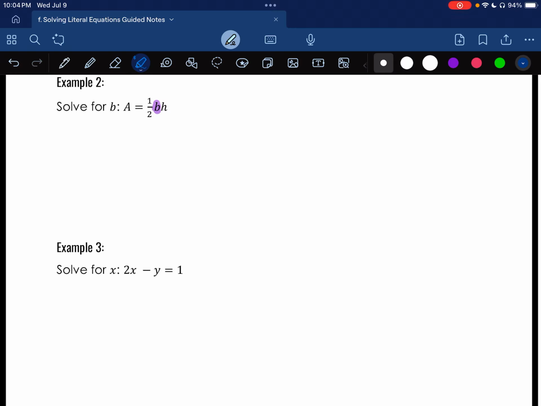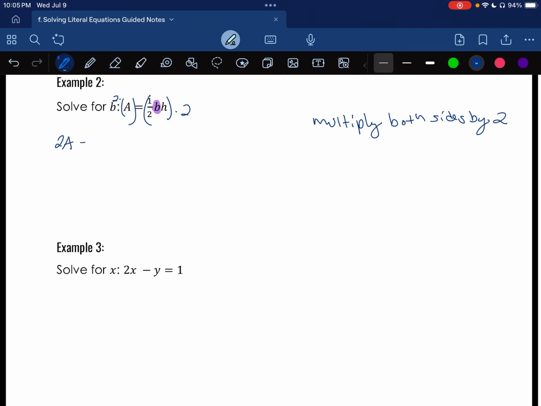And how we do that is you're going to multiply both sides by 2. So I'll end up with 2a equal to b times h. Now again, we're still trying to get b all on its lonesome here.